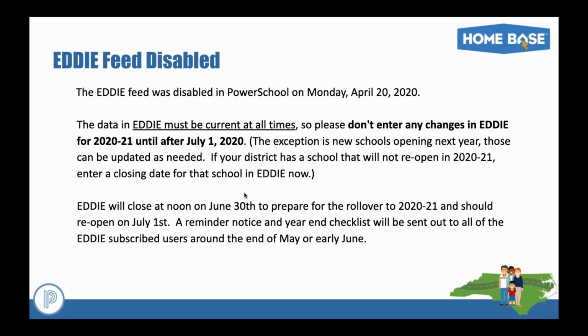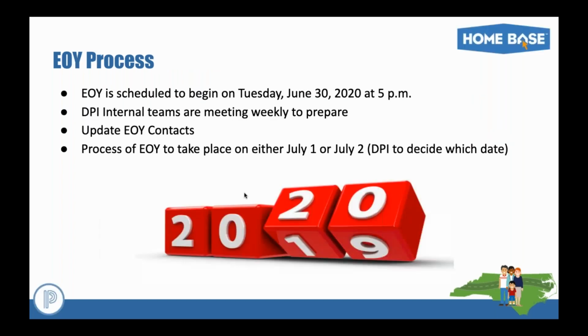Make sure your contact information is updated for EOY, because we need a correct contact so that if there's an issue or process with PowerSchool, we know who to contact. We're looking at EOY to start on June 30th, and then the actual process will be on either July 1st or July 2nd. So stay tuned for more updates.